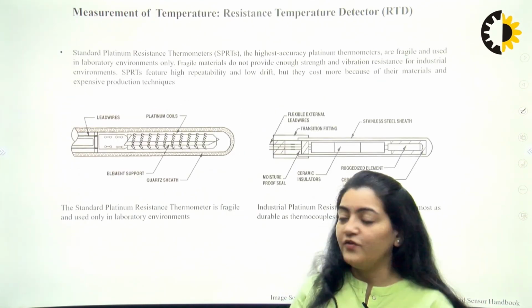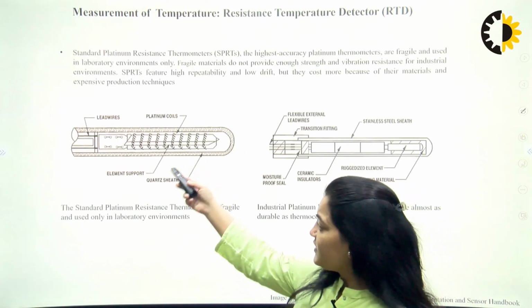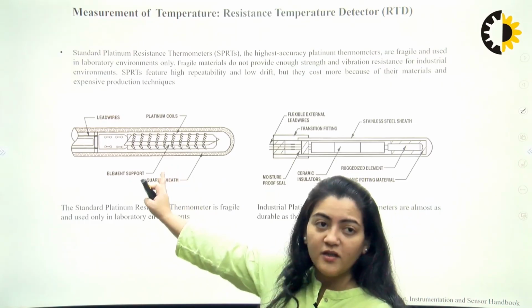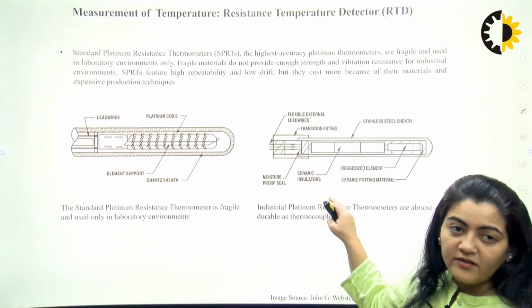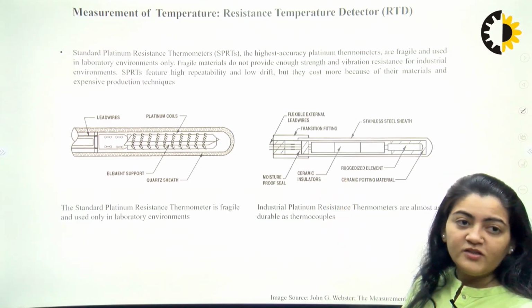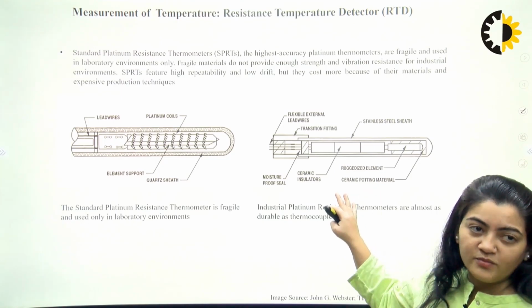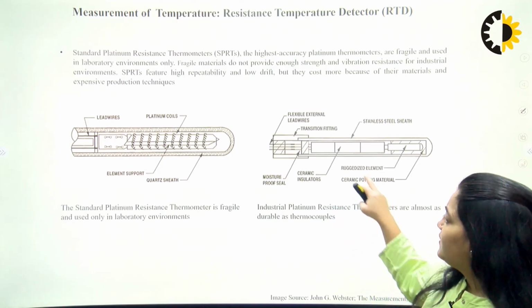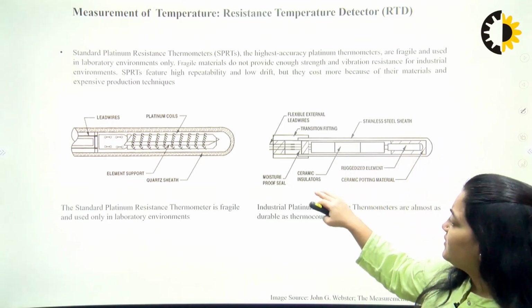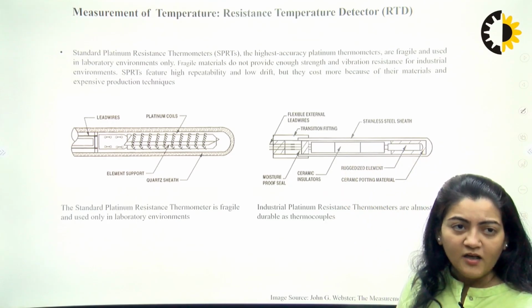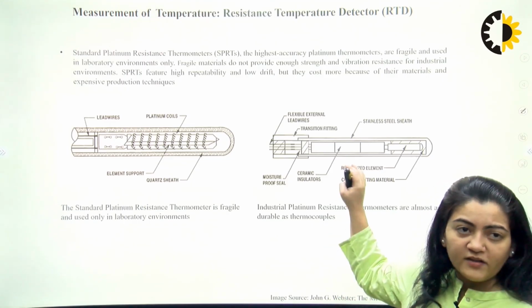For example, this is the standard platinum resistance thermometer, which is fragile and only used in a laboratory. And this is the industrial platinum resistance thermometer, which is almost as durable as a thermocouple. You see there is an outer coating, mostly a ceramic potting material, so that it cannot affect the inner core.